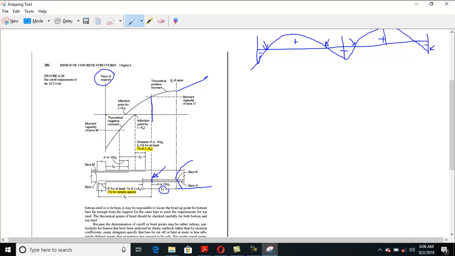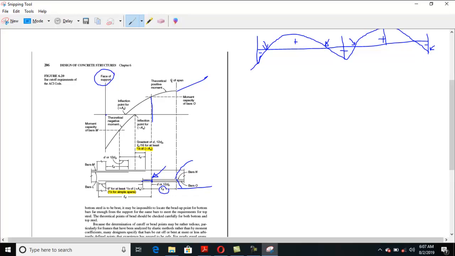And the actual cutoff point is at a distance of d, 12 dB, or ln by 16. ln by 16 is basically used for negative steel, but you can use it for positive steel, okay, but you select the maximum value.